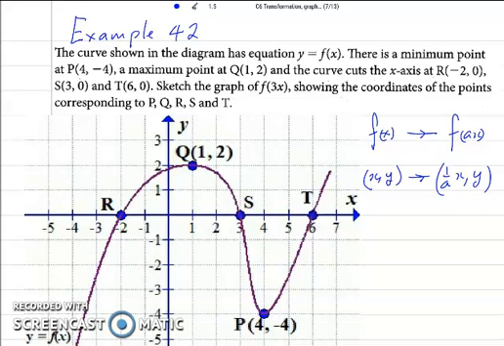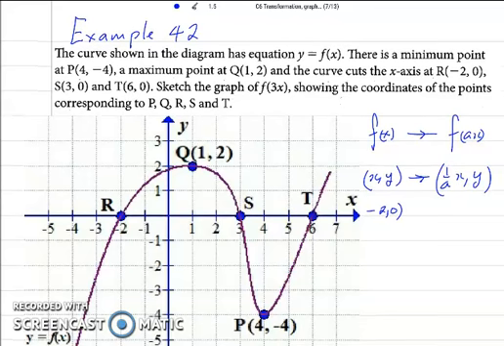So let's say points like R, which is (-2, 0).